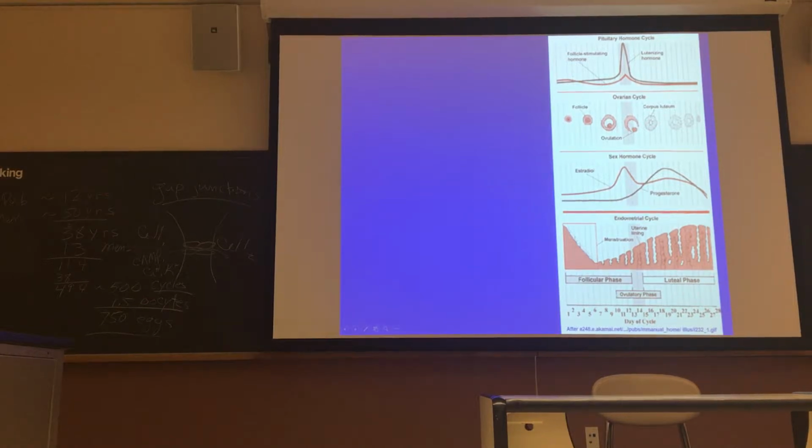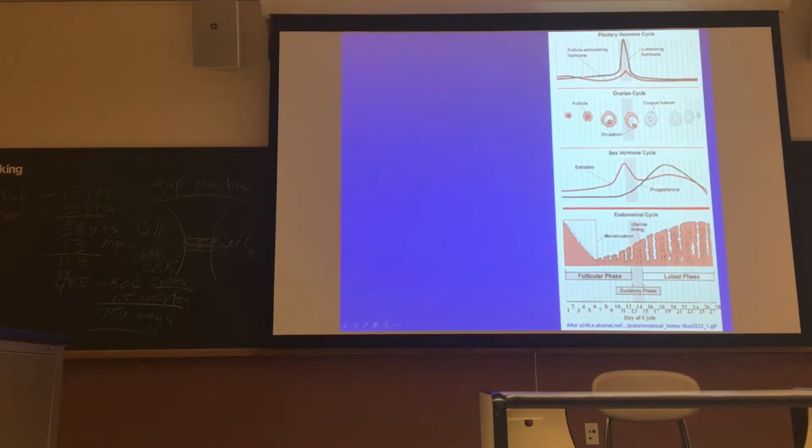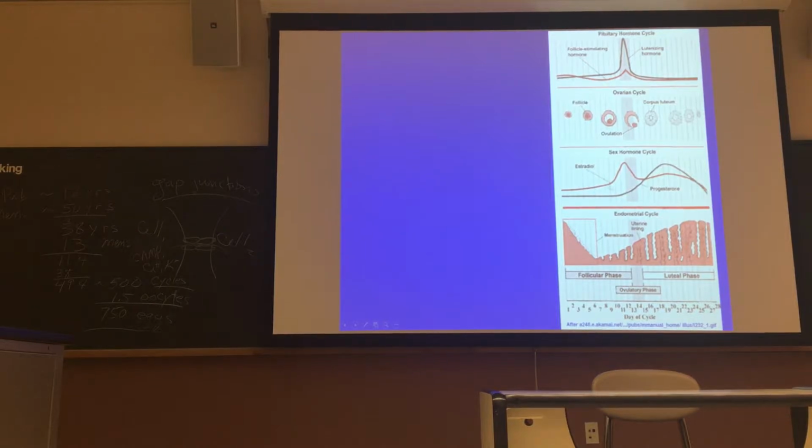And as they grow toward the middle of the cycle, a lot of them will fall off the wayside. They won't be quite in the right place to get the hormonal signals. They'll become apoptotic, they'll get lost. One or two will get to the point of ovulation. And that ovulation is driven particularly by the estrogen that's produced in this window right here, and by this surge of luteinizing hormone, and to a lesser extent, follicle-stimulating hormone that occurs at the mid-cycle.